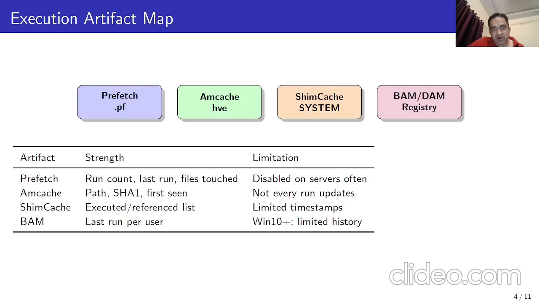BAM gives a stronger last run per user on Windows 10 and higher. For example, on a Server 2019 box with prefetch off, do not stop; pivot to Amcache, ShimCache, and EVTX 4688.